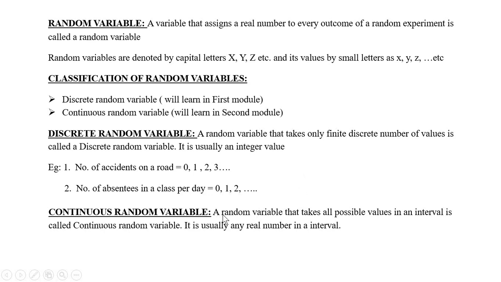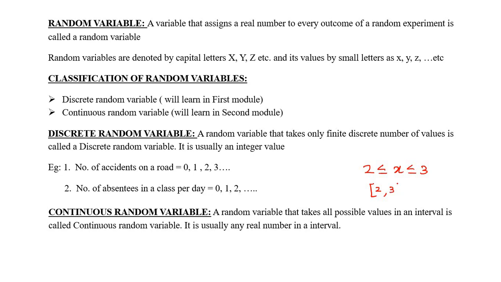Now what is a continuous random variable? It is a random variable that takes all the values in an interval. Say for example, we have a continuous random variable with 2 ≤ x ≤ 3. That means x is a continuous random variable and it takes all the values that lie within the interval [2, 3].